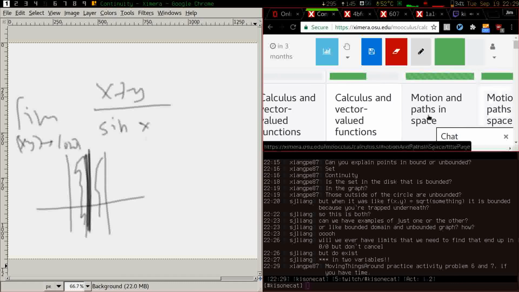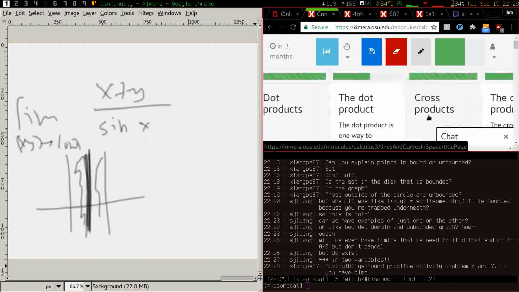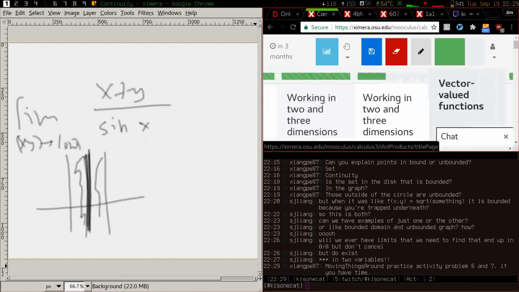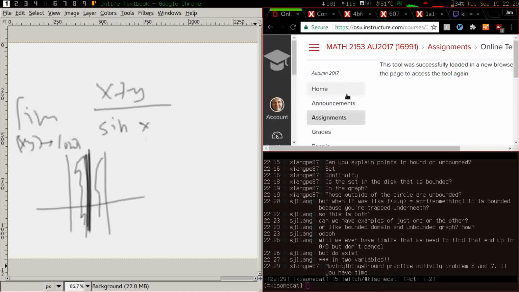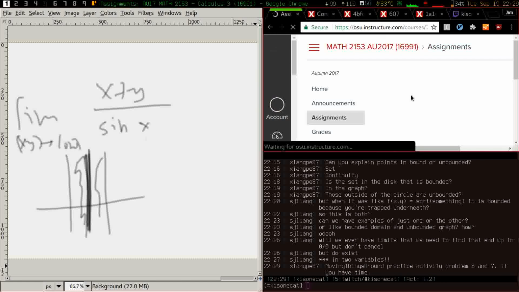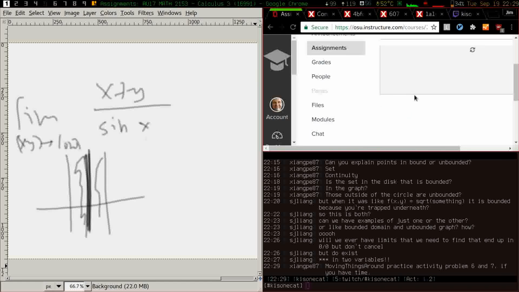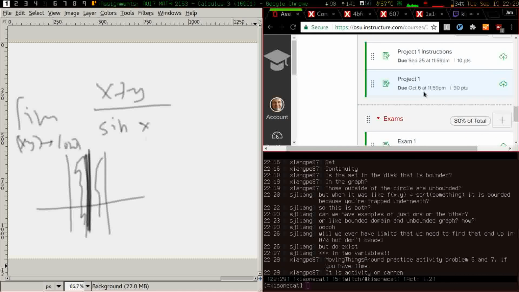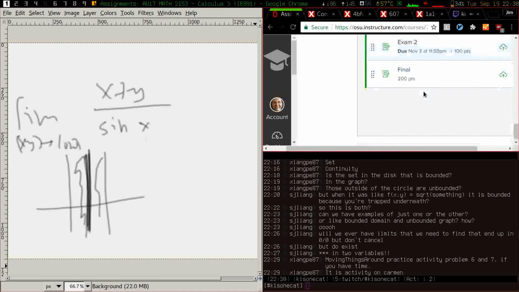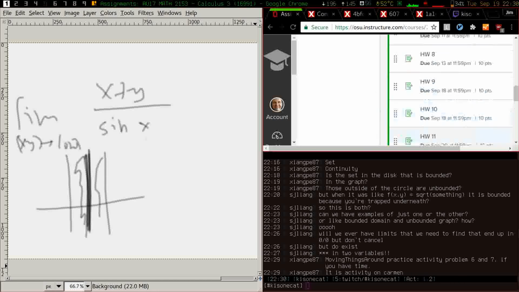Moving things around practice problems. Where are the moving things around practice problems? Are they just on Chimera somewhere? Yeah, where though?